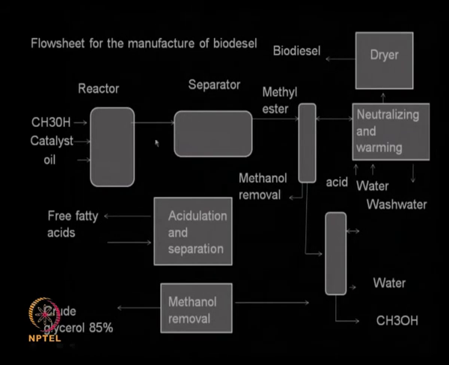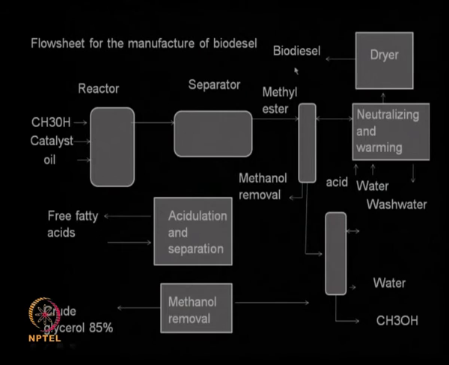So, once you produce the biodiesel inside the reactor, there is a separator, because you are having water, you are having glycerol, you are having oil, you are having the biodiesel which is the methyl ester of the triglyceride, and then you are having some catalyst.